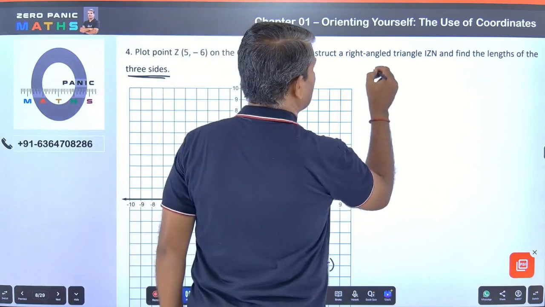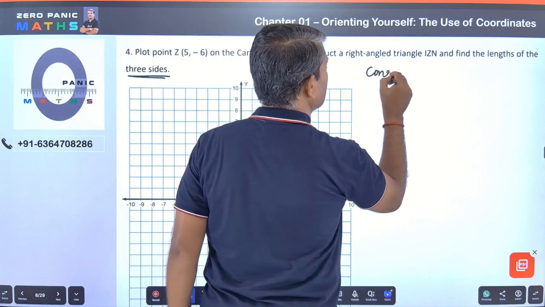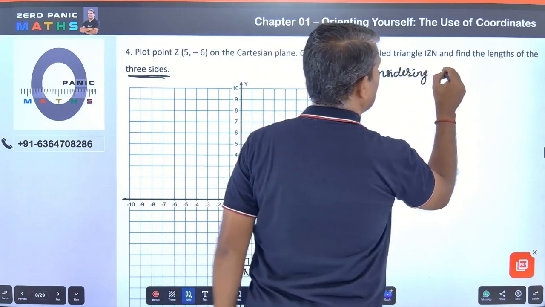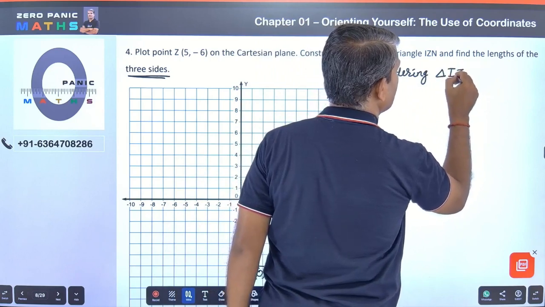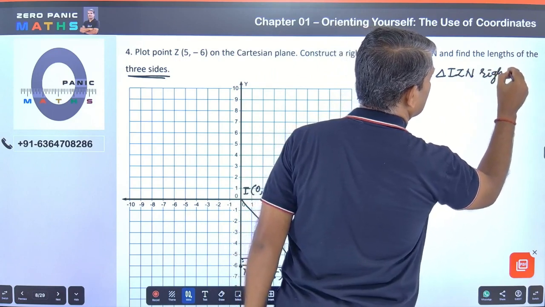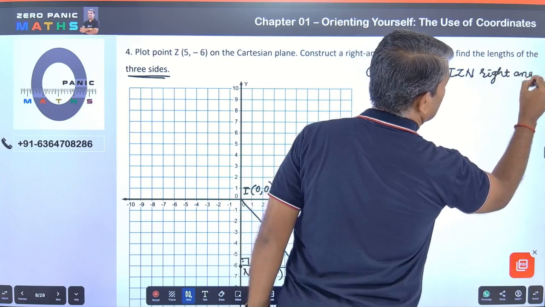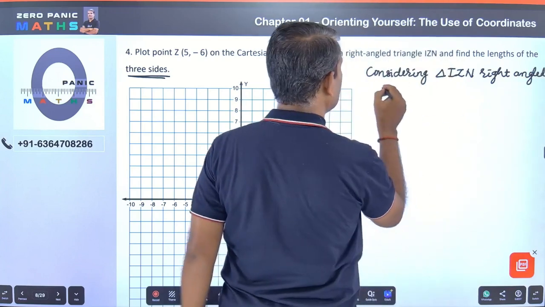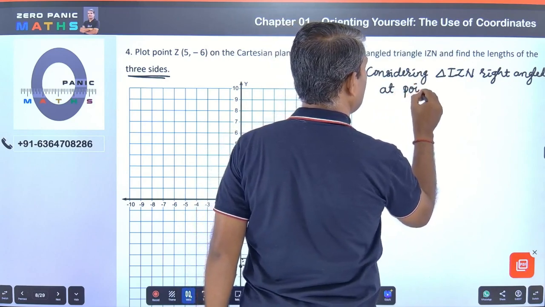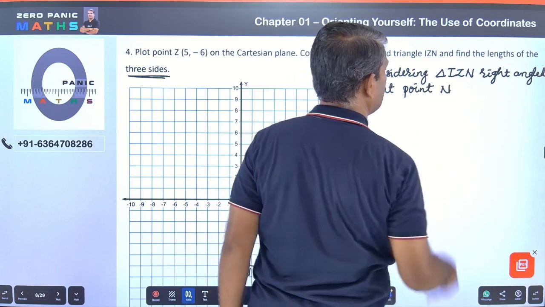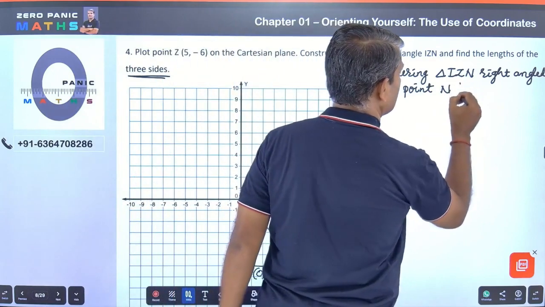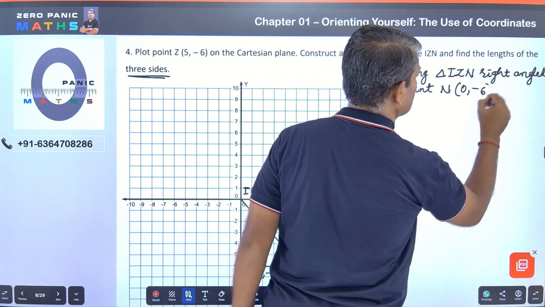Now I can say, considering triangle IZN, right angled at point N, and the coordinate points are 0, -6.